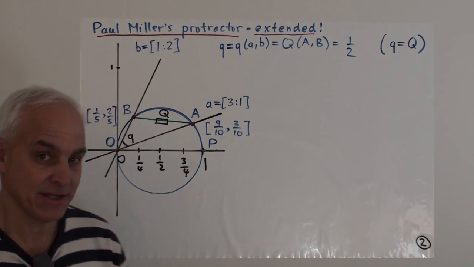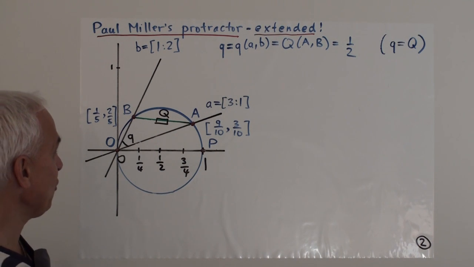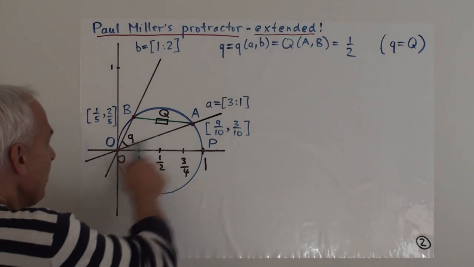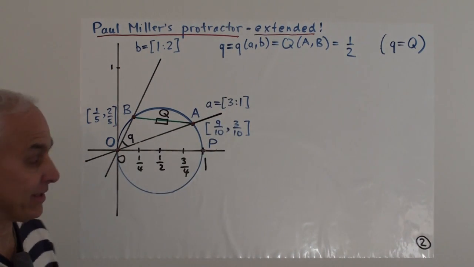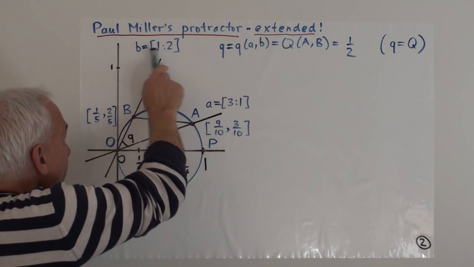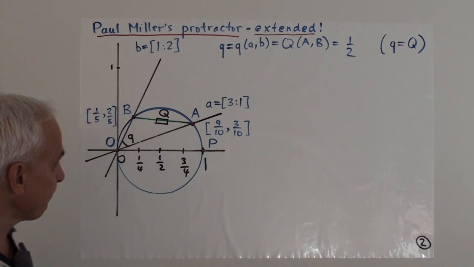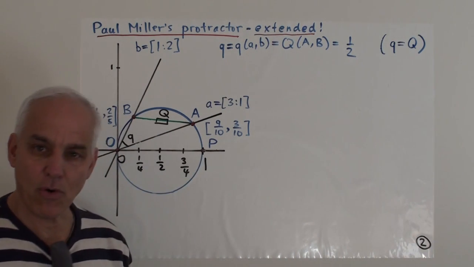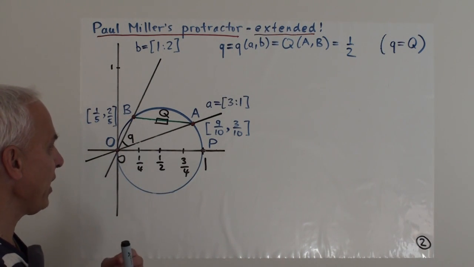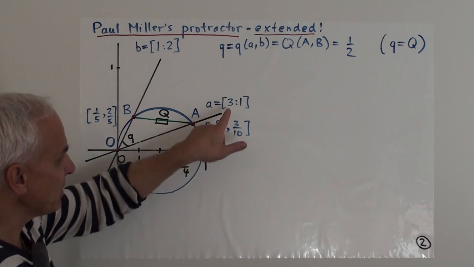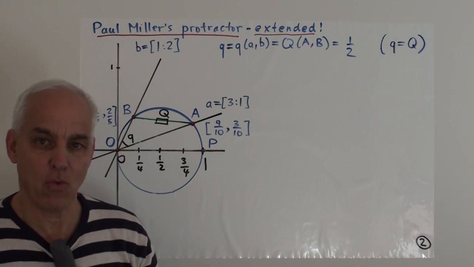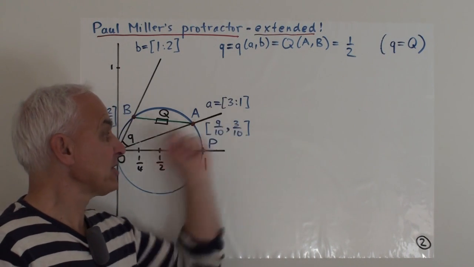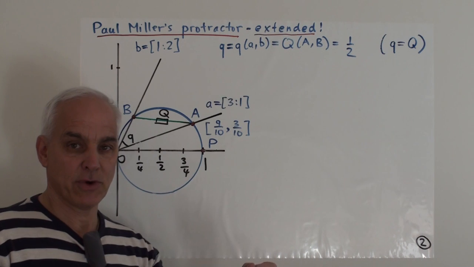Here is the Euclidean situation again, and we have two of our favorite projective one points. This one here, which is 3 to 1, call it little a, and this one here, which is 1 to 2, call it little b. And I remind you that if we're interested in where these lines meet the core circle, there's a relatively easy way of doing that. So we take the coordinates here, 3 and 1, and we multiply both of them by the quantity x over x squared plus y squared.